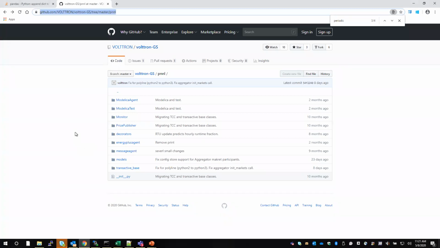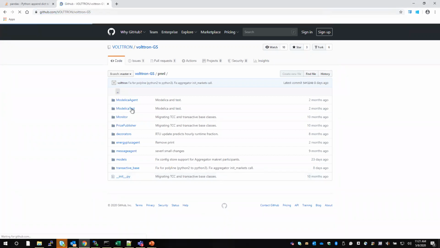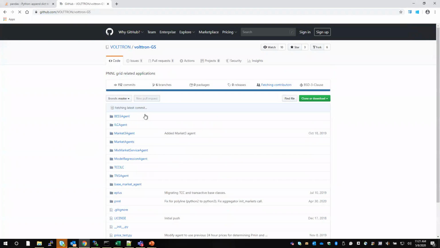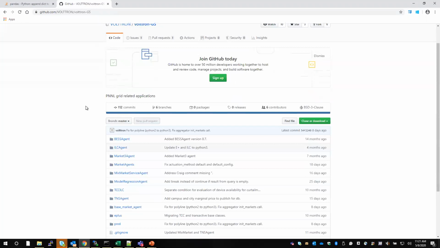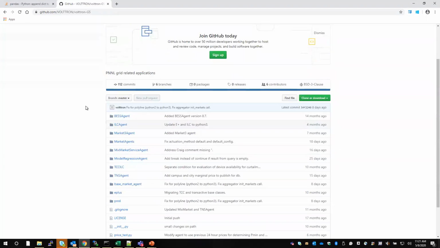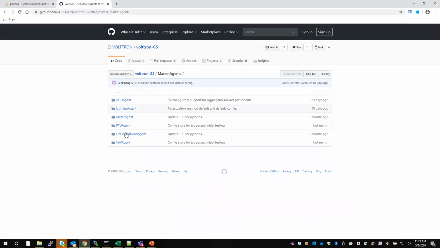So the TCC code lives in the Voltron GS repository, and it's composed of 3 parts really. So we have the market agents. Each one of these agents represents a different device or portion of the overall building capacity.